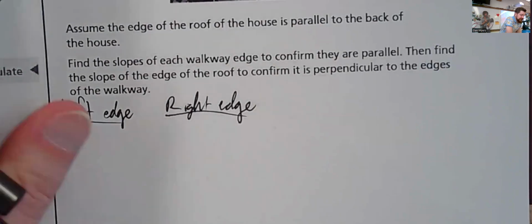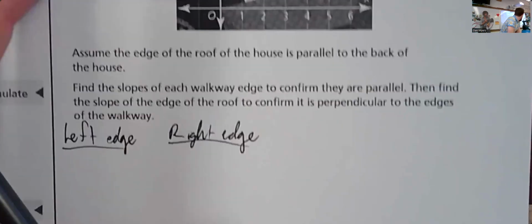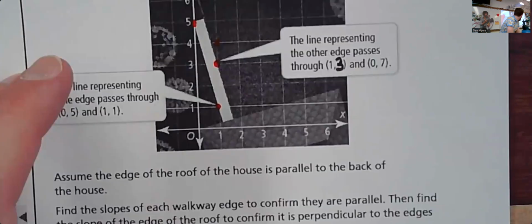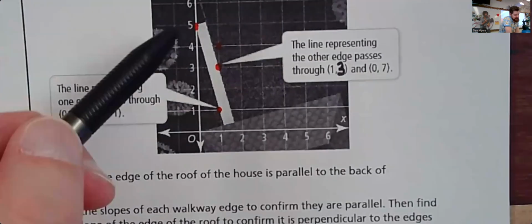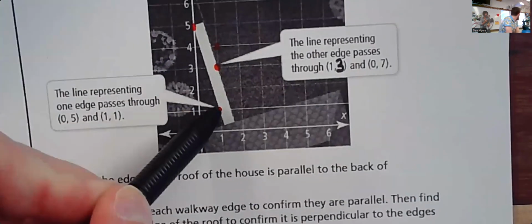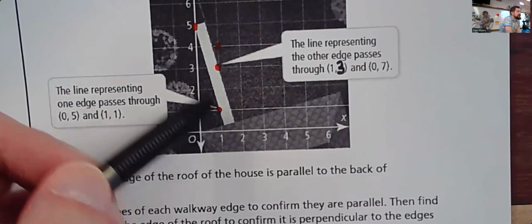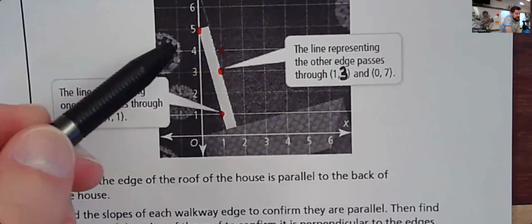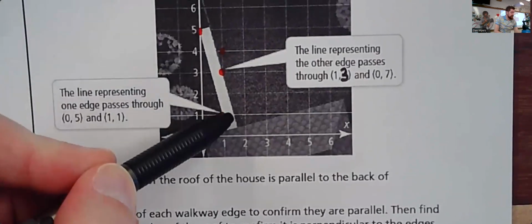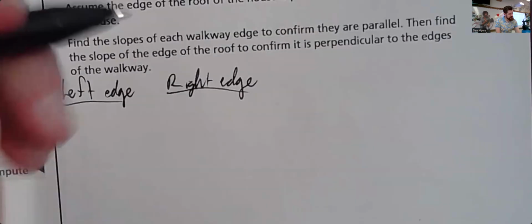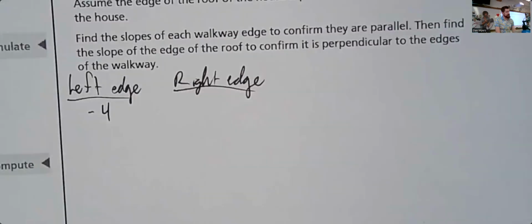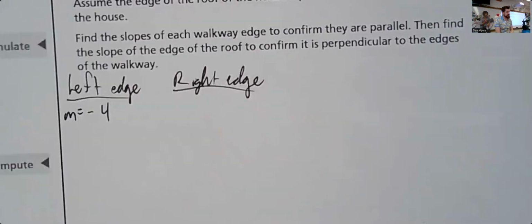So if we look at the left edge, we're going to use the points (0, 5) and (1, 1). So to get from this red dot down to that red dot, what are we doing? How far up or down? How far over? Yeah, -4 over 1, which would be -4. So the left edge has a slope of -4. So m equals -4.